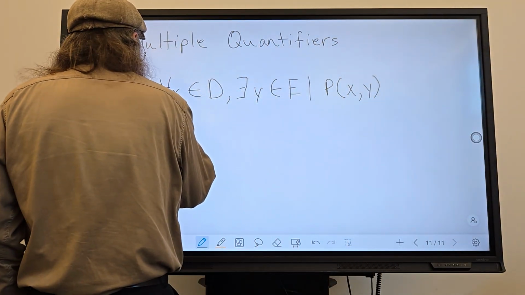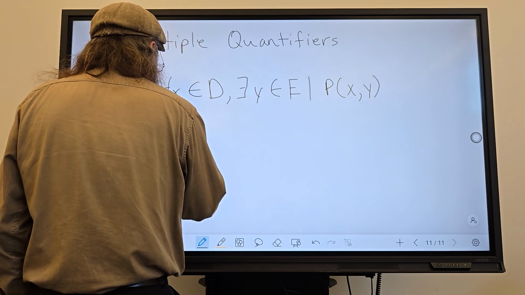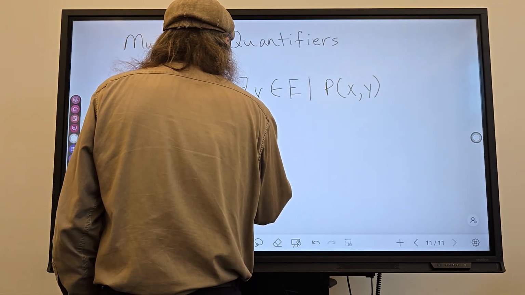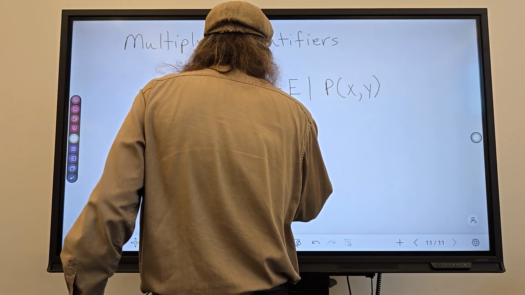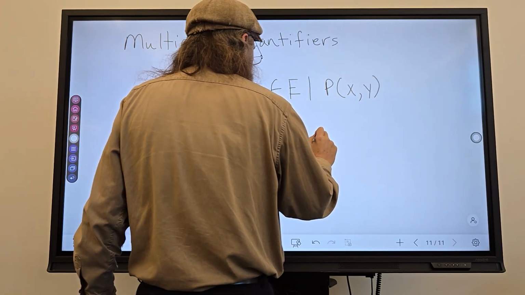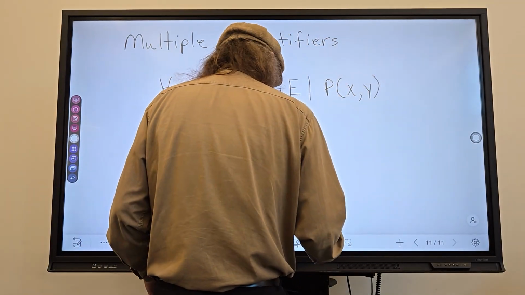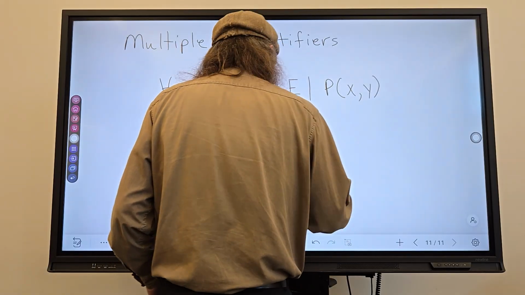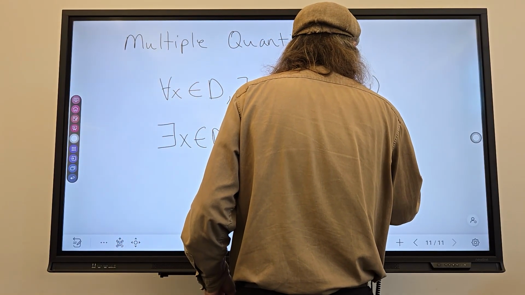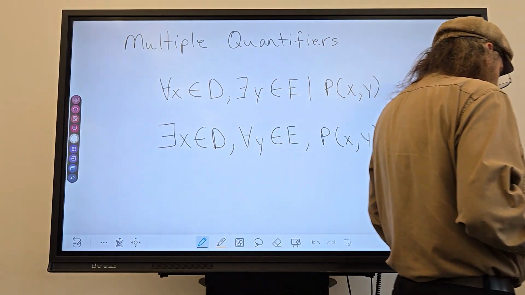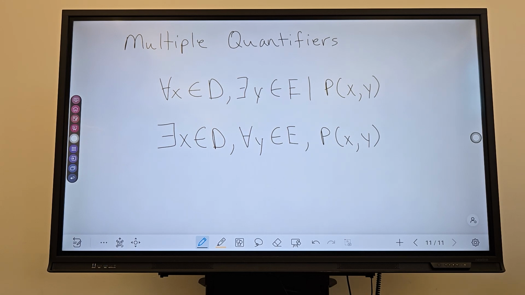And then there's the opposite, where there exists an X element of D, and for all elements Y of E, P of X Y. Now here, you have to find one particular x in D that will work no matter what y in E anyone might choose to challenge you with.